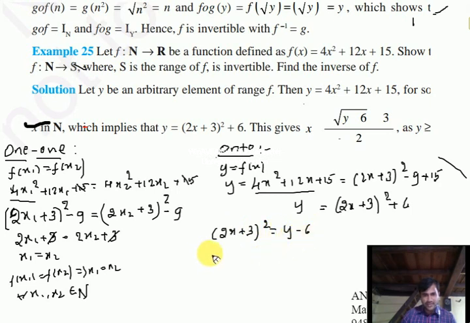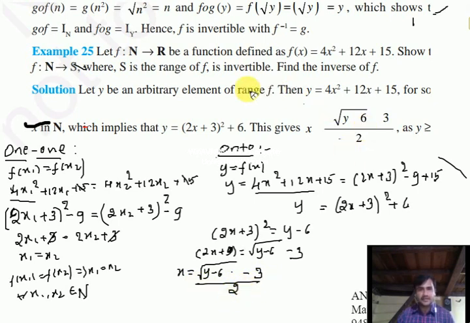Therefore 2x plus 3 will be square root of y minus 6, or 2x will be square root of y minus 6 minus 3. Then x will be equal to square root of y minus 6 minus 3, all divided by 2.